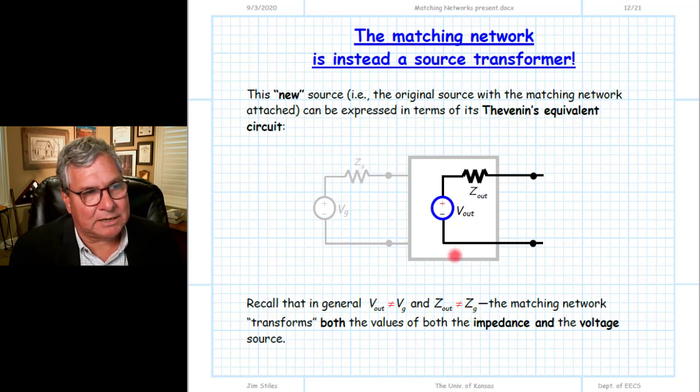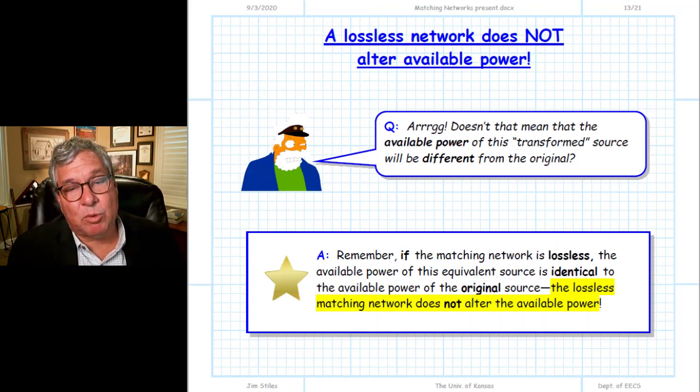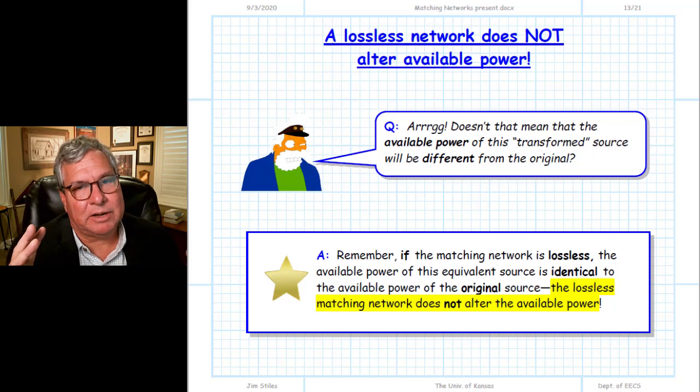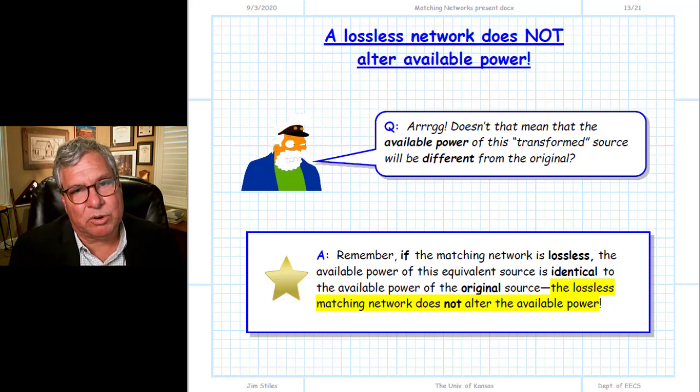The two-port device will essentially transform both of these values, not just the source impedance ZG to Zout. It will likewise transform VG into Vout. Once again, I want to point out the mistake or misconception that many students have when it comes to a source transformation with a lossless two-port network.